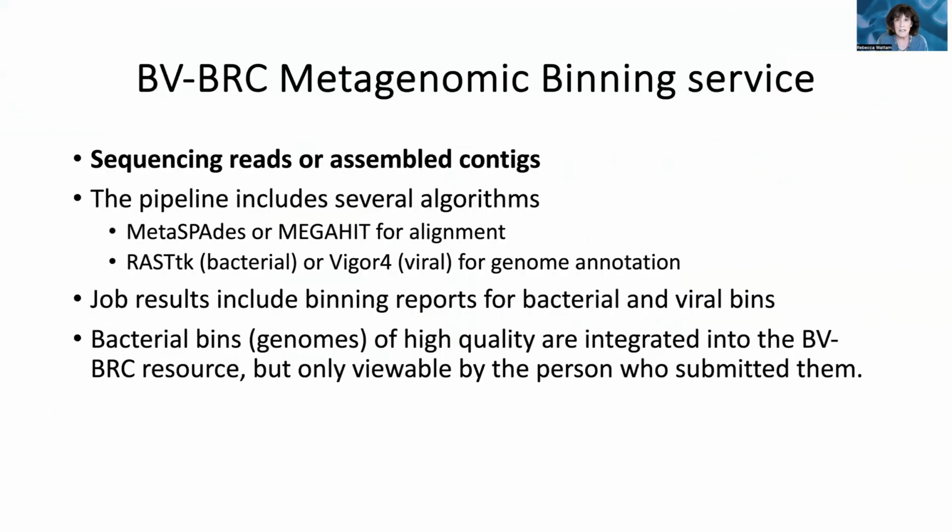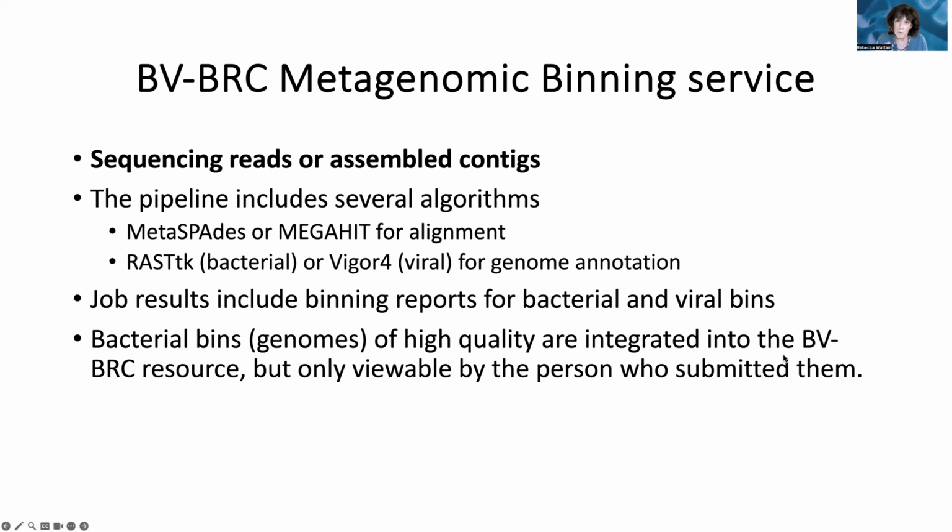As mentioned in the last diagram, you can use sequencing reads or assembled contigs. For assembly, the pipeline uses MetaSPAdes or MEGAHIT, and for annotation, it uses RASTtk for bacterial bins and VIGOR4 for viral bins.